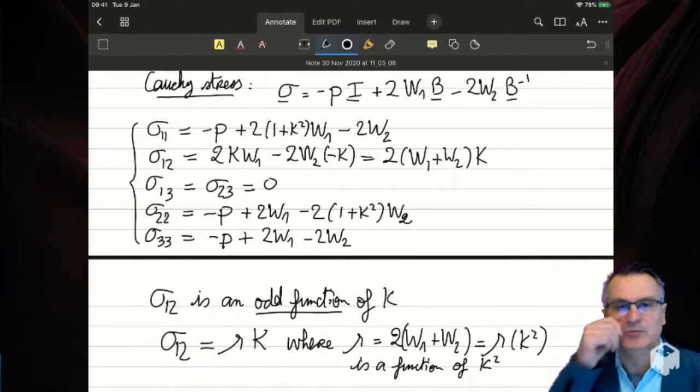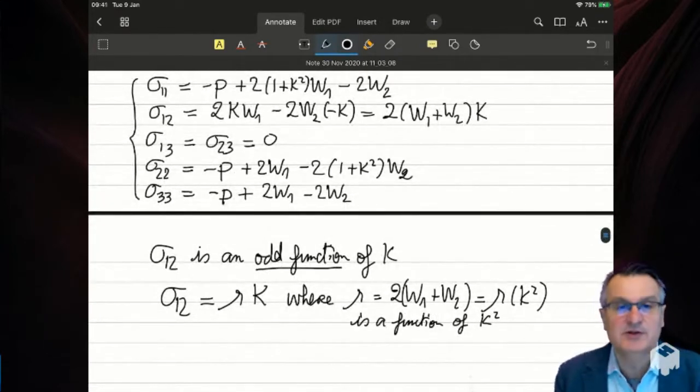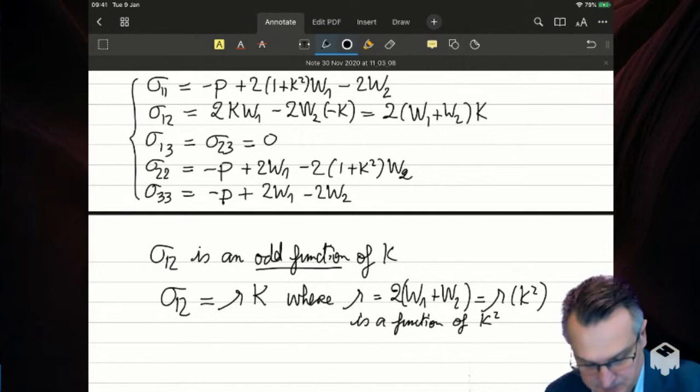I remember that W is a function of k squared, so its derivative is a function of k squared. So mu is an even function of k, and so mu times k is going to be an odd function of k.